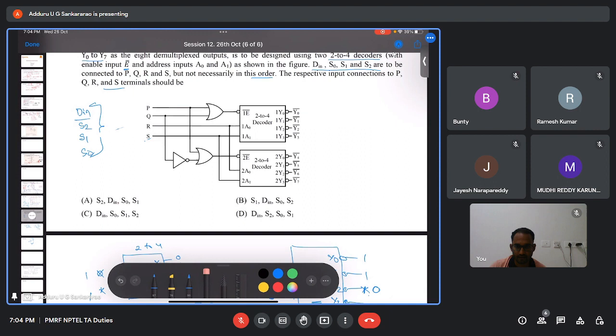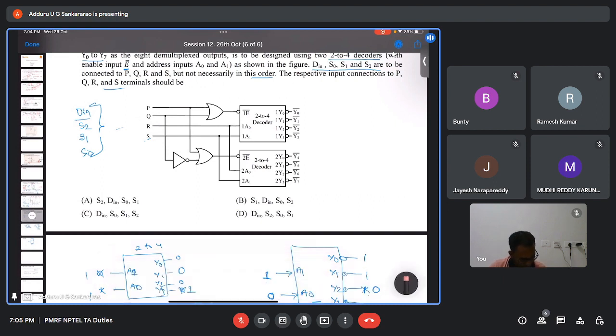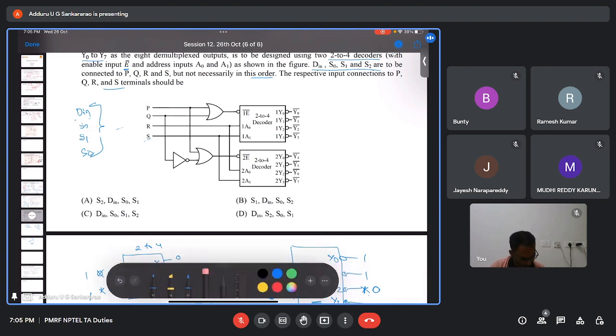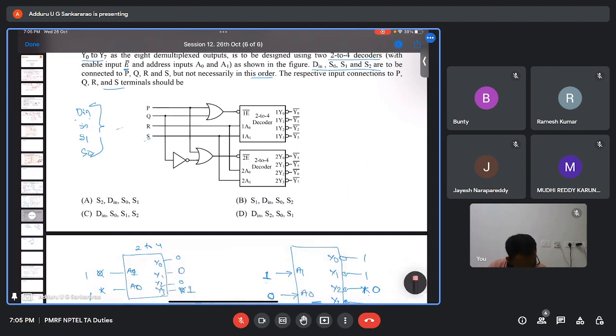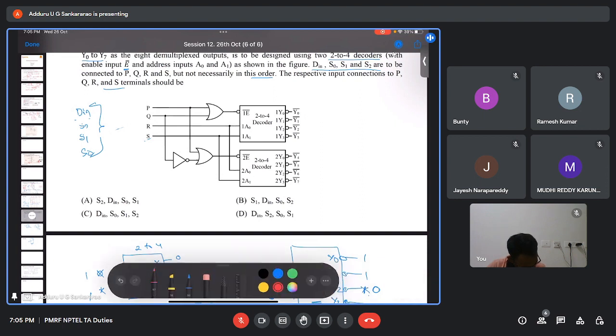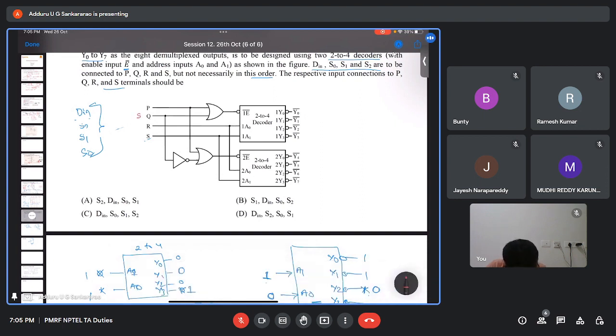For the second decoder, it goes through an inverter and then the OR gate. We can say this is the selection line S2, because if we consider Q is S2, let us say I consider Q is S2.